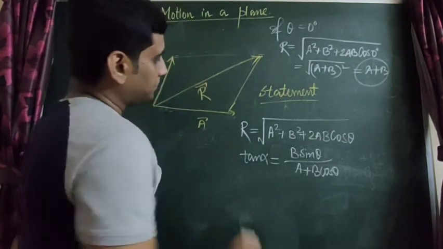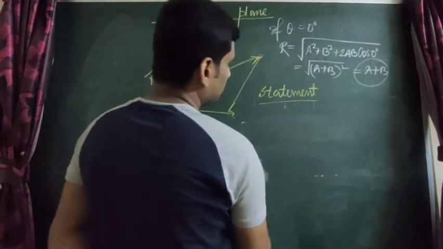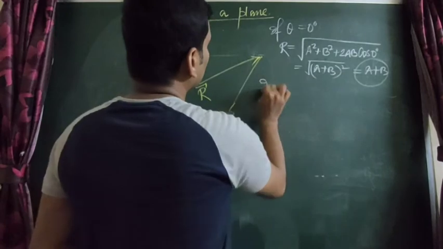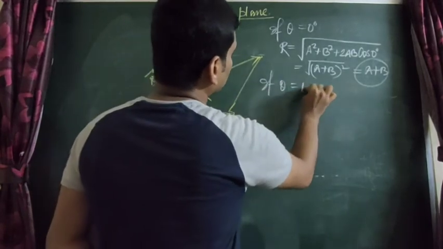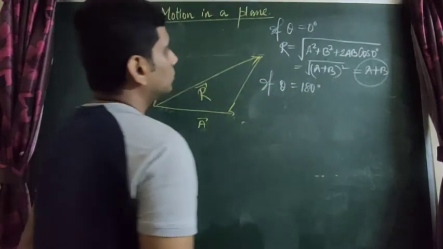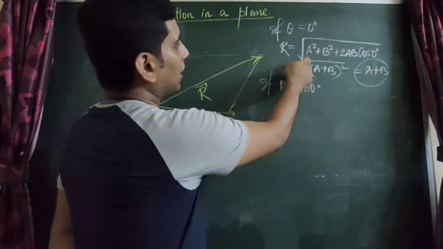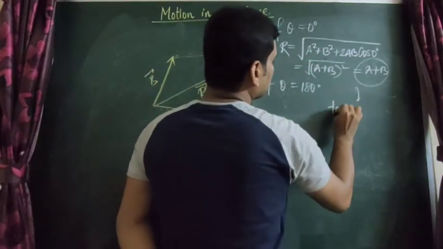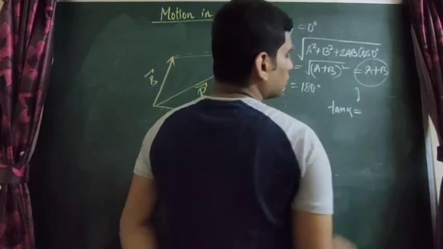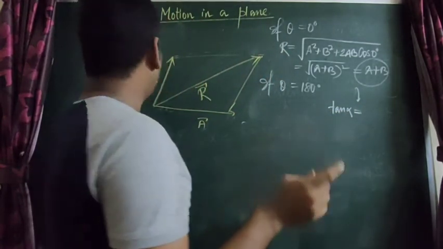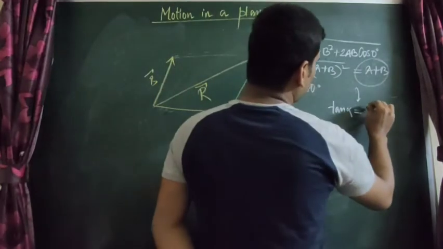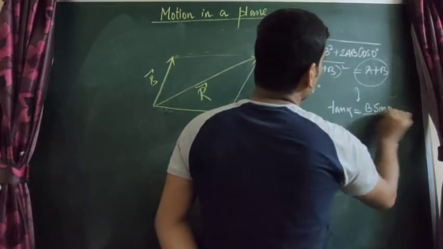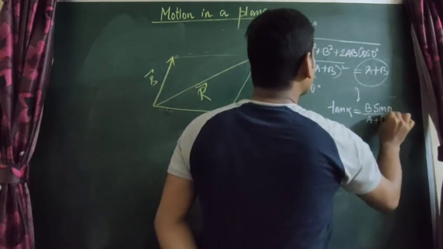But if they are in opposite direction, that is theta is 180 degree, we will see that next. First, let us calculate tan alpha for theta 0 degree. Tan alpha becomes b sin 0 by a plus b cos 0.